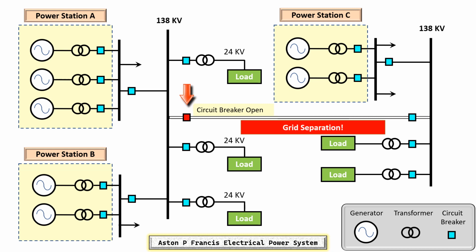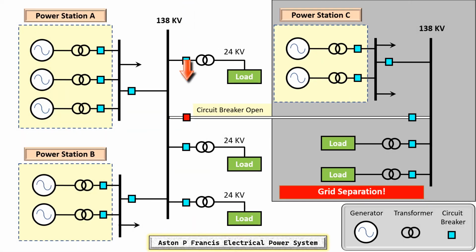But on the right, you will also have generators and your load, and everything is working okay because the generators can handle the load both on the left side and on the right, even though the circuit breaker shown is open. This is a grid separation or islanding scenario.